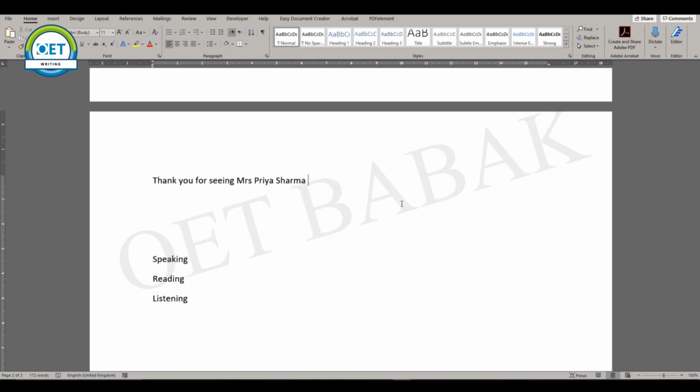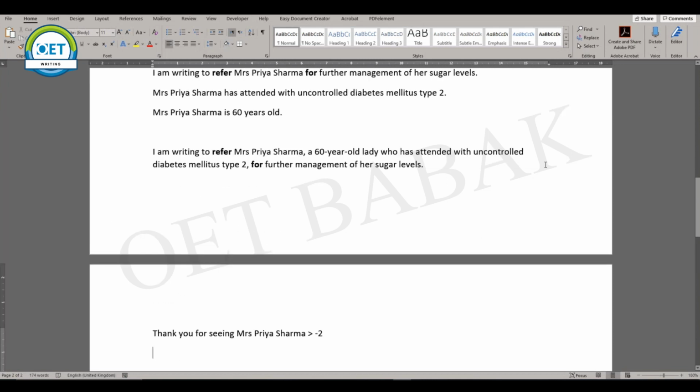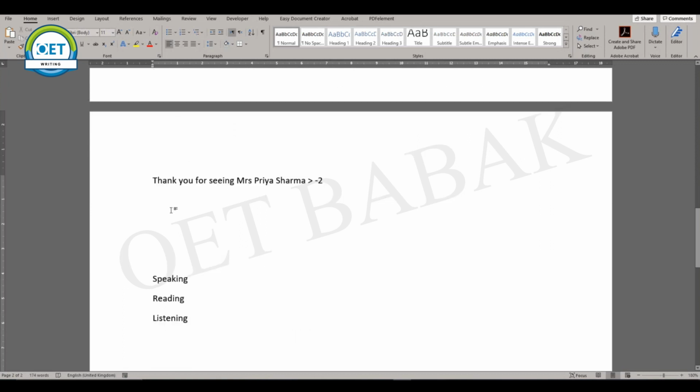So this means that you get -2. You lose 2 marks. Okay. So unless you say, thank you for seeing Ms. Sharma, who is being referred to you, okay, or whom I am referring for further management of sugar levels, okay. So basically, yeah, we need the word refer, okay. If you say that, you get 2 marks, okay.